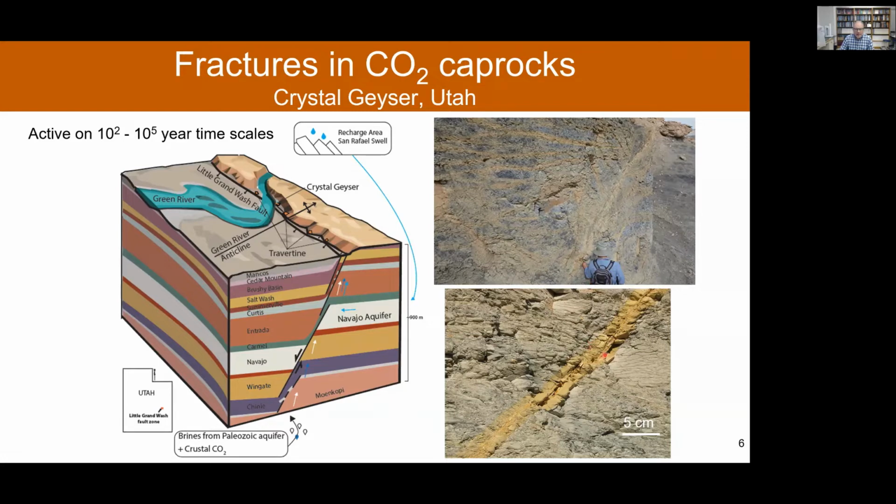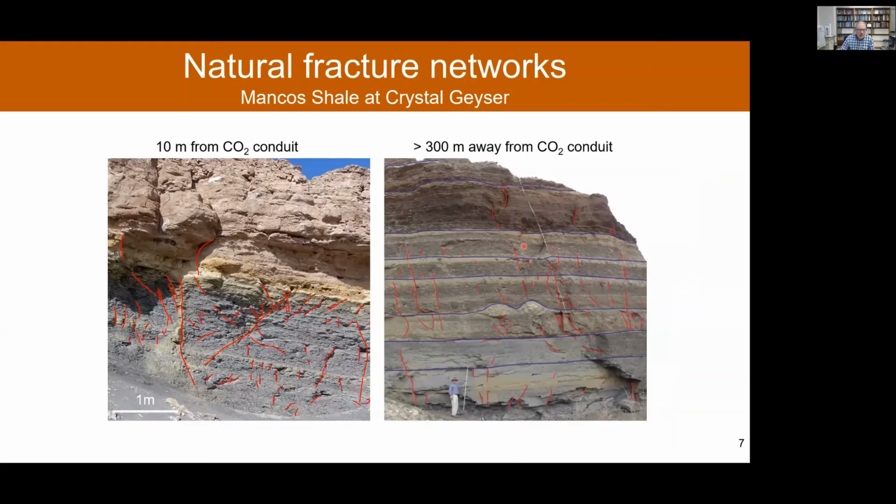And something that is readily apparent if you go out there is you see fractures with those alteration halos. And that alteration is because of the CO2 interaction with the shale. There are two images here of the shale about 10 meters from the fault, and then at a larger distance away from the fault.